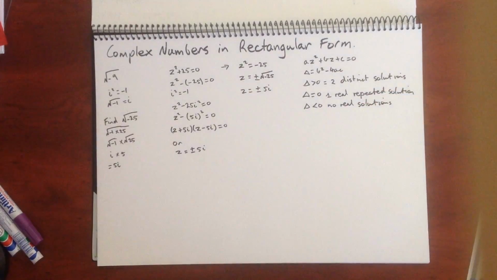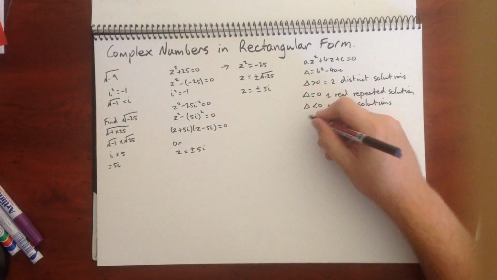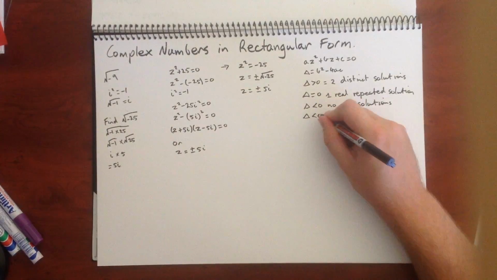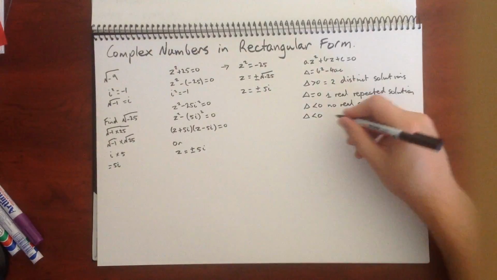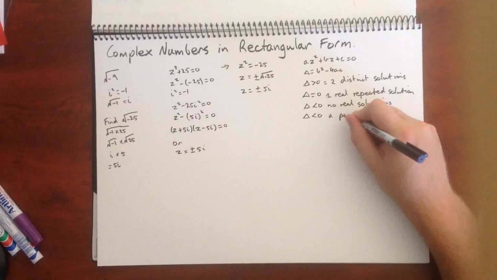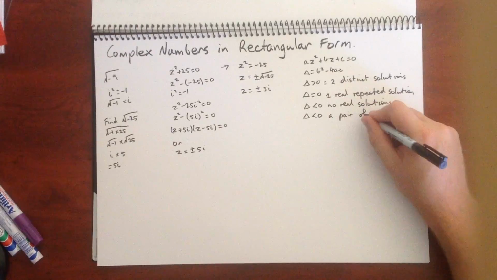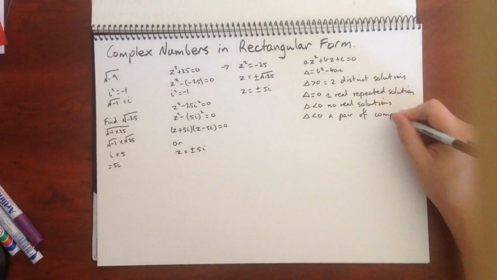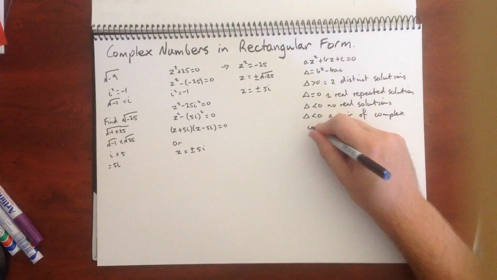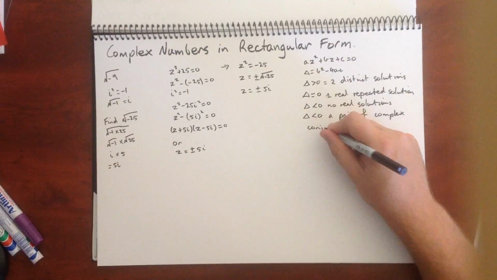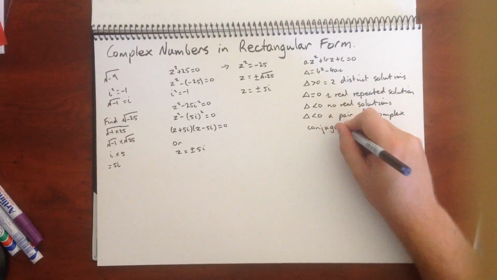That's how we've tackled it in the past. But now we can say that if the discriminant is less than 0, then we have a pair of complex conjugate roots.